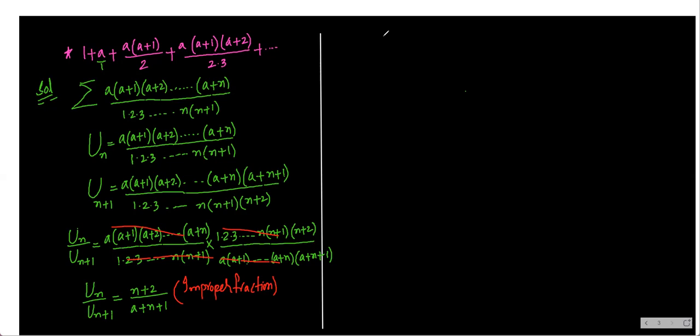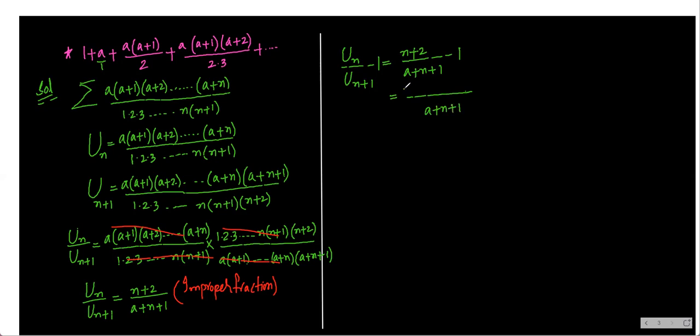The process of Raabe's test is, first we have to subtract 1 from u_n by u_{n+1}. u_n by u_{n+1} minus 1 equals n plus 2 by a plus n plus 1 minus 1.